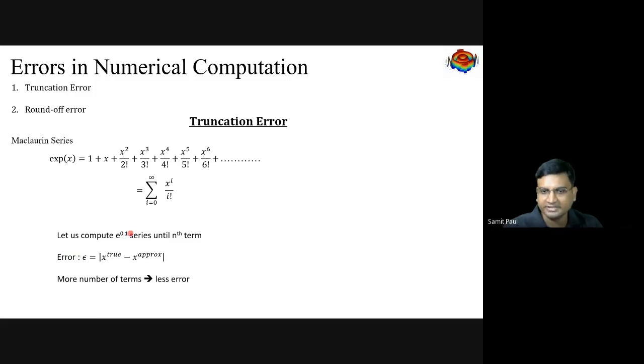Now to demonstrate this, we will try to calculate e to the power of 0.1, and we will go up to the nth term. We will change n and we will see. We can understand directly from this that if we increase the number of terms, there will be less error. So more terms give us less truncation error. Let us do it.